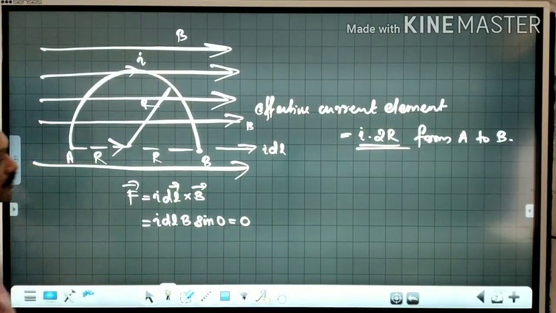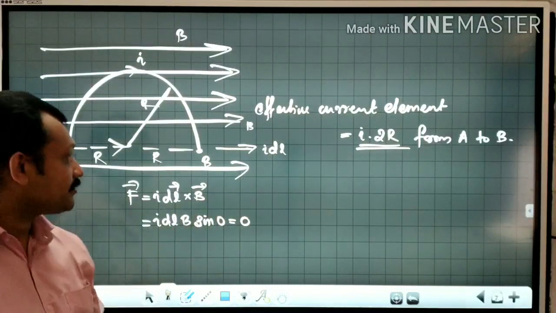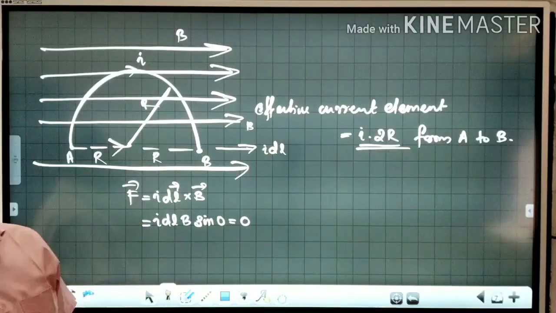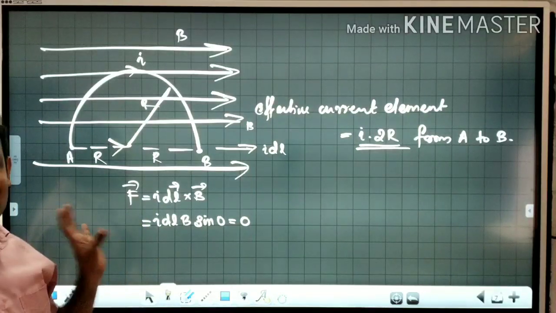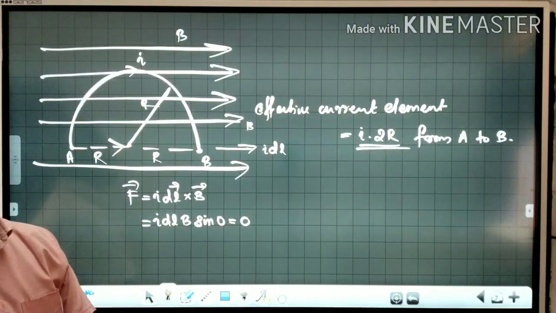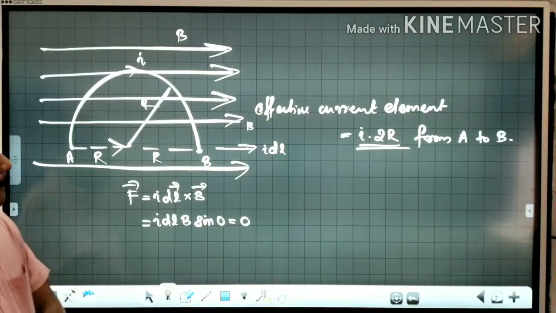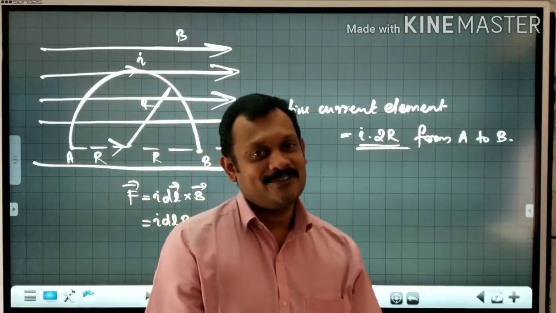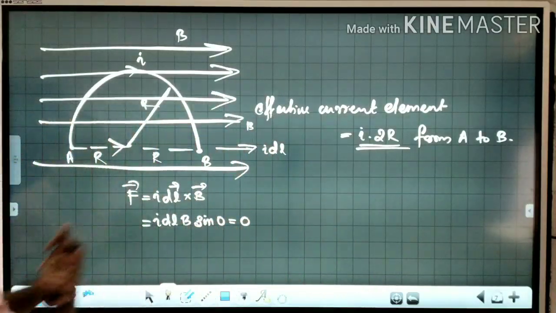The magnetic force is equal to 0 here. Zero is a vector. In this case, the magnetic force on this current element is 0.